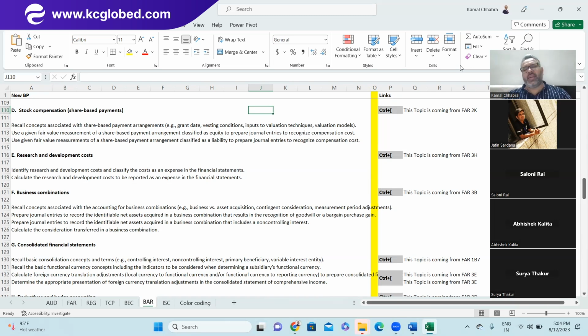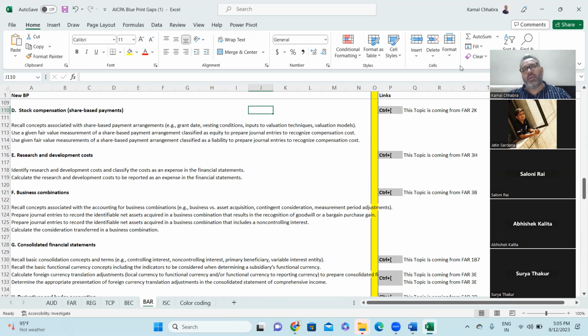For example, let's say we have an edtech company, and we have involved a technology solution providing company to build the digital learning platform. To them, rather than paying in cash, I can pay through stock as well. That is called stock compensation to the vendor.